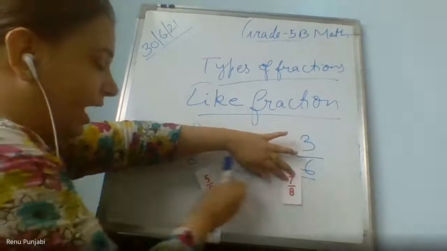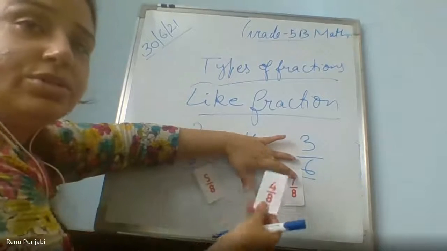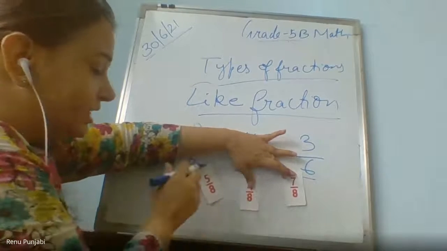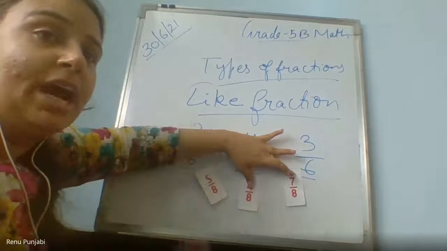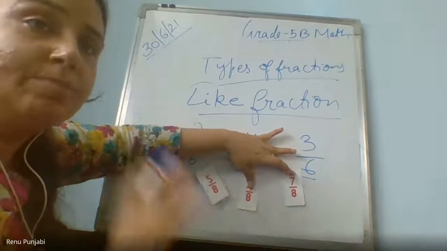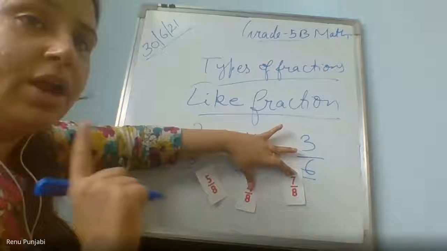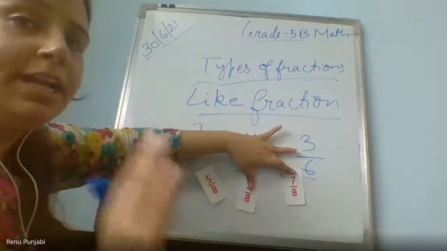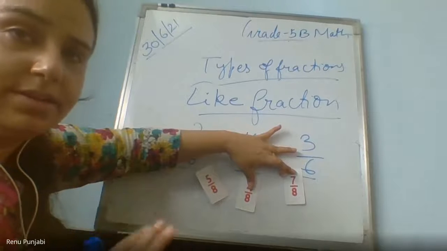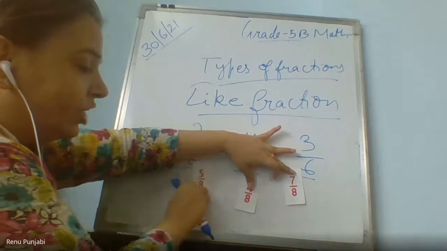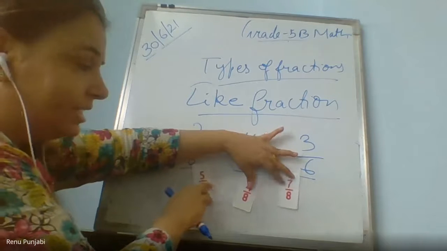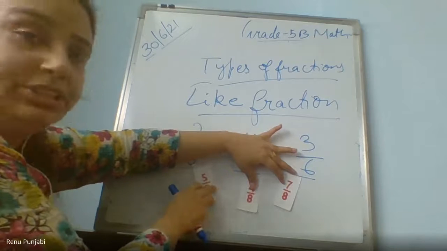I have explained the terms also: the upper number is the numerator and the down number is the denominator. So you should not guess. Ma'am, the denominators are same. So when the denominator is same, you can see the similarity in these fractions.